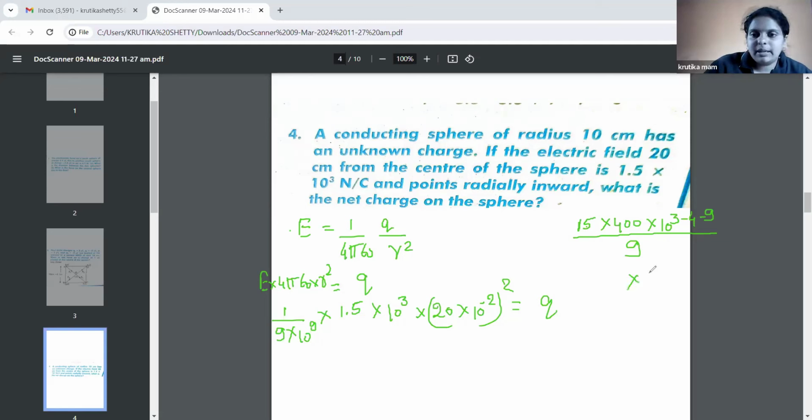And the power you are getting is what? Minus 9 minus 4, minus 13. Minus 13 plus 3.